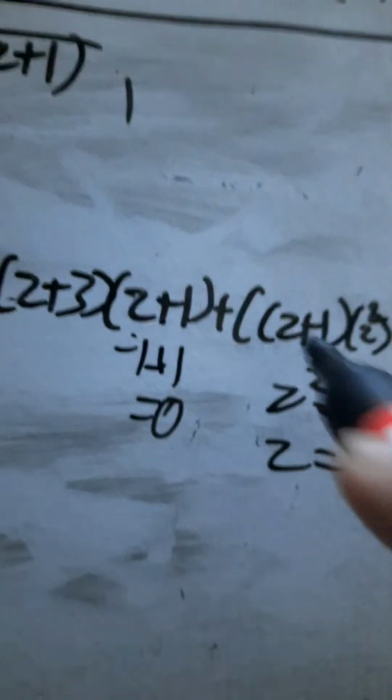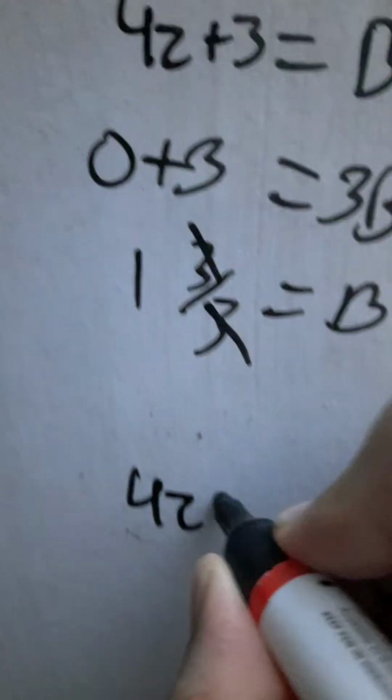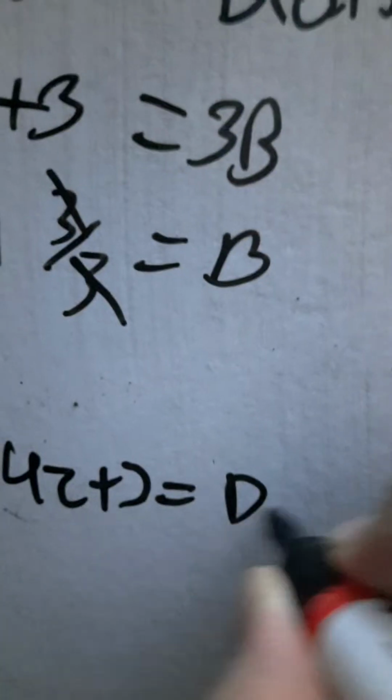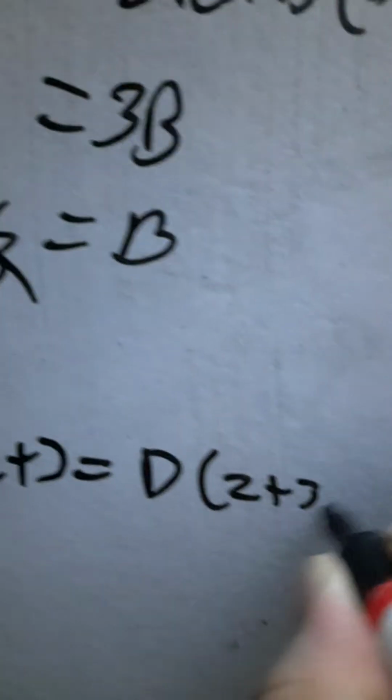This whole is gone. Now z plus 1 is here in C, this would be gone. Only D would remain. We would have to find that. So now 4z plus 3 is equal to D into z plus 3 into z square. Right.